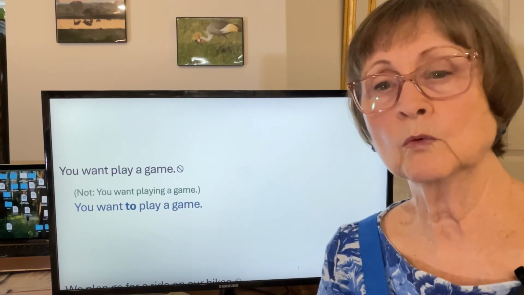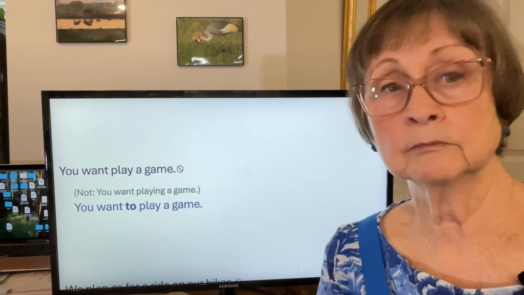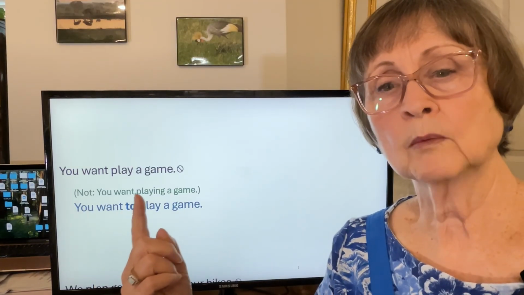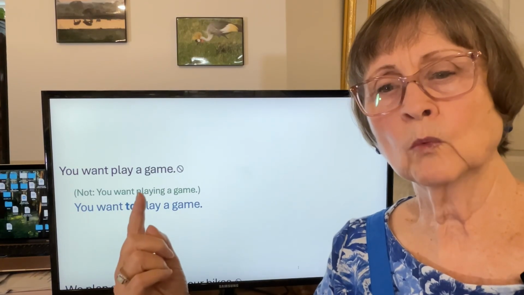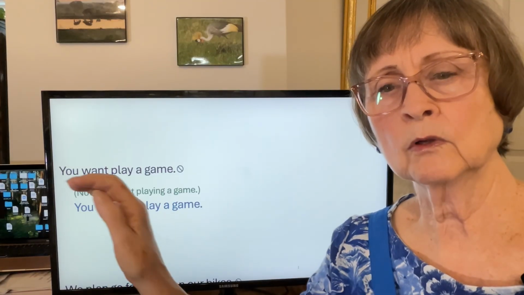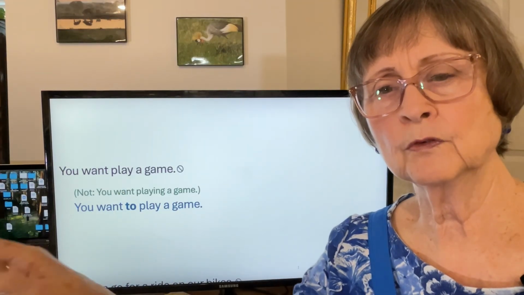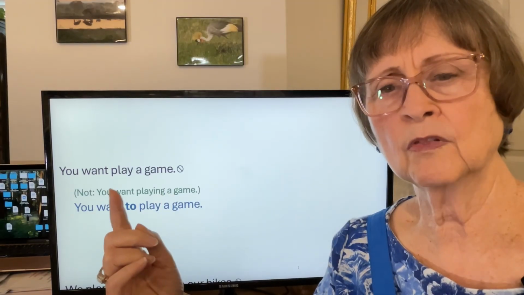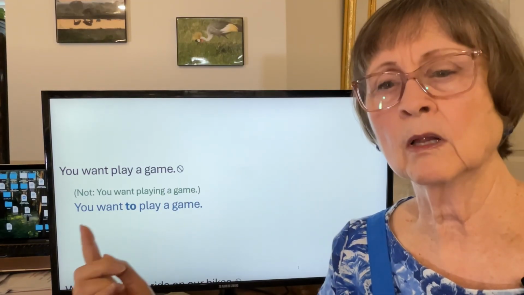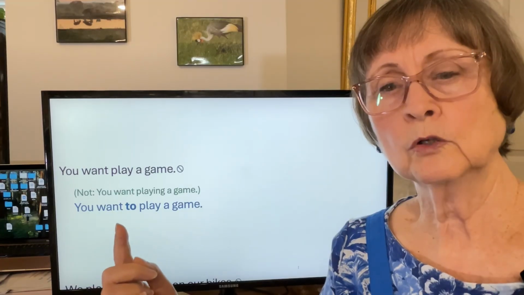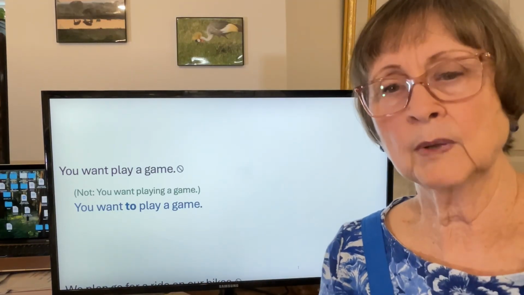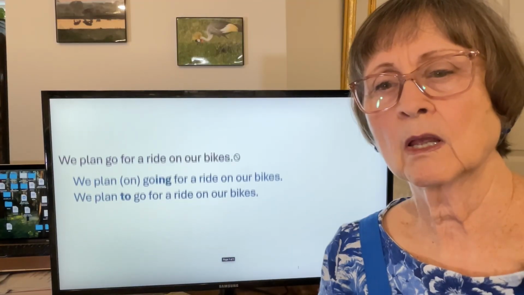Another example, you want play a game. Now, if we say you want playing a game, that doesn't quite work because want is like looking to the future, a desire in the future, and this sounds like you're already playing now, so that one really doesn't work very well. You want to play a game is the way to say that, the best way.